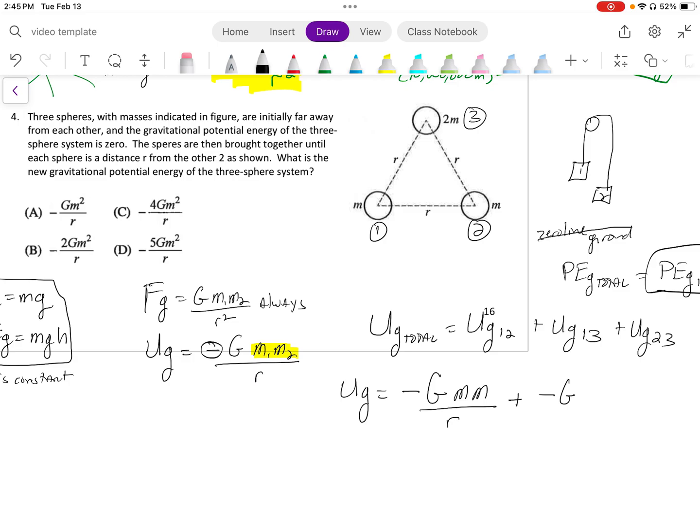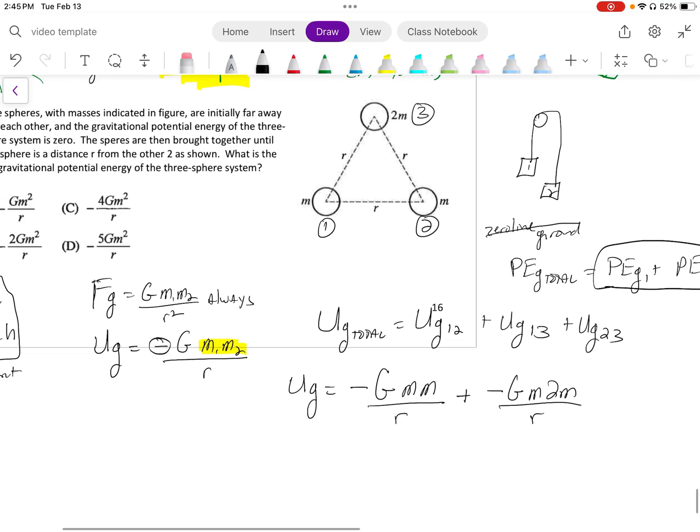This is between 1 and 3. 1's mass is m, 3's mass is 2m over r. Now I've got to add 2 and 3 together. Negative big G, object 2 is an m, object 3 is a 2m, and then we have r.